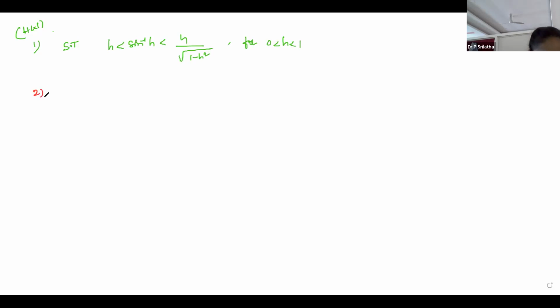And the second question: prove that if x is greater than 0, x minus x square by 2 is less than log of 1 plus x, which is less than x minus x square by 2 into 1 plus x.